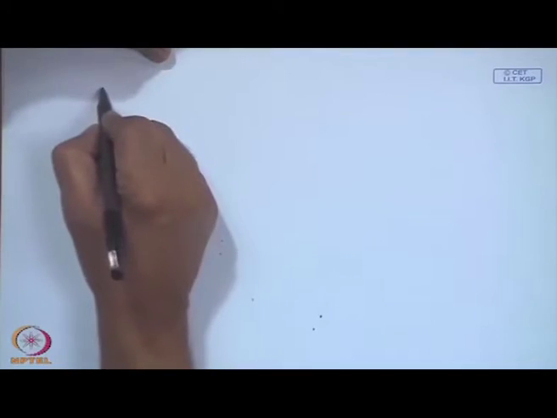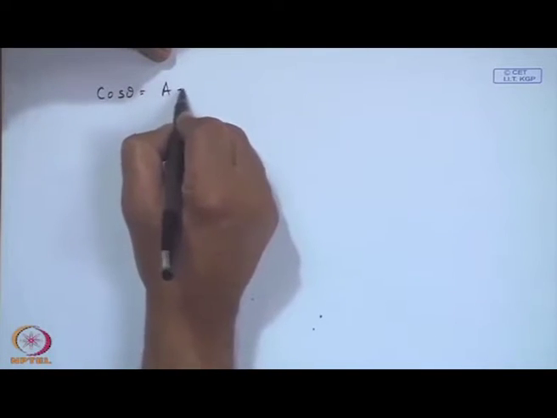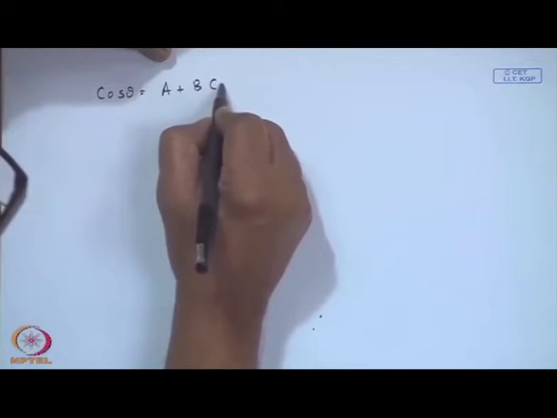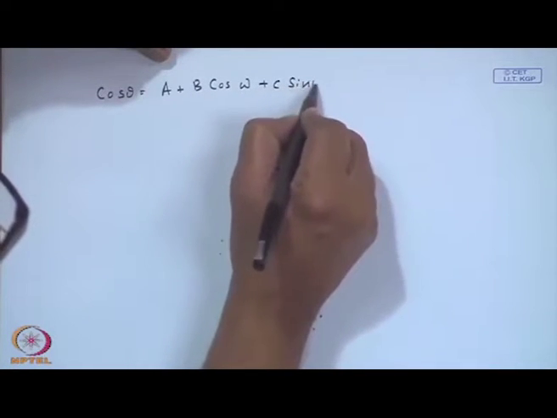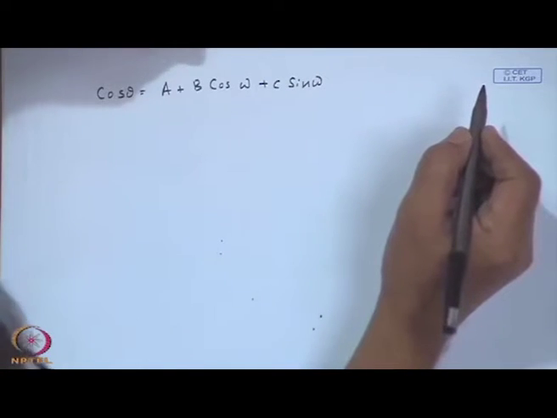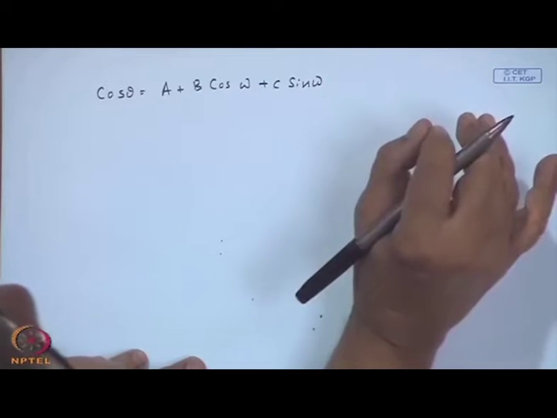You may recall our general equation of cos theta equal to A plus B cos omega plus C sin omega. I have deliberately chosen in the initial exercises to give you the equations again in detail, so that you will recall and remember.